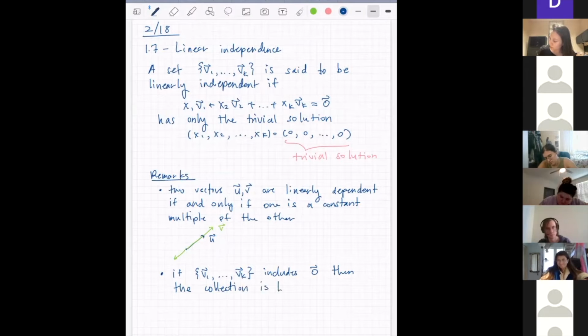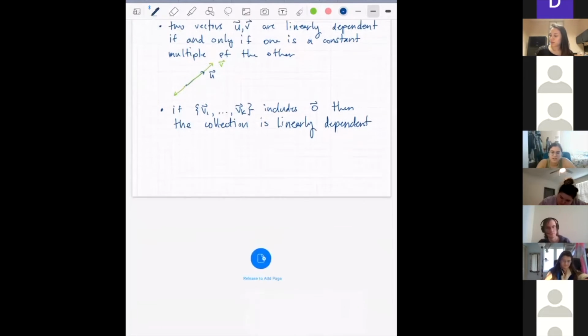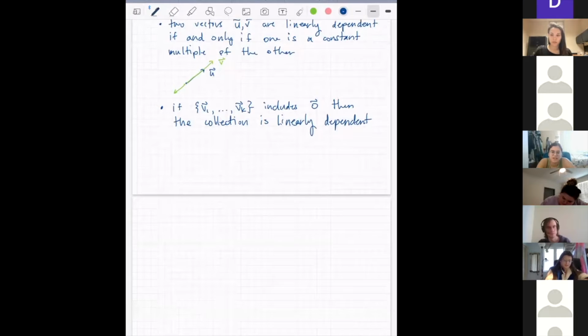So it's always linearly dependent if it has zero. And that's because the zero vector will necessarily be in the span of any vi. Yeah, that's one way of thinking about it.